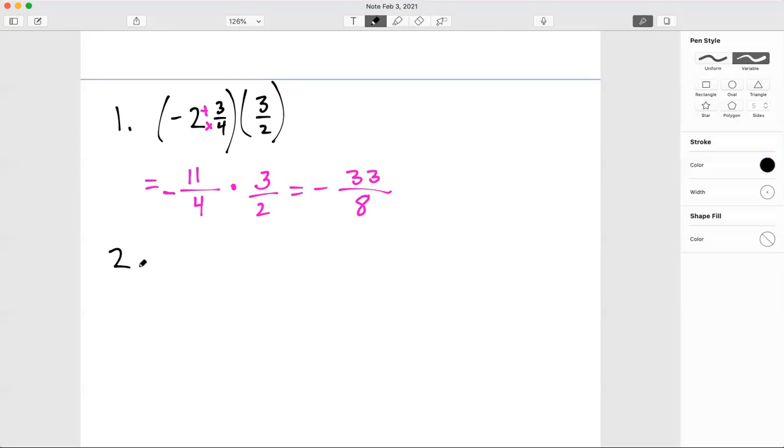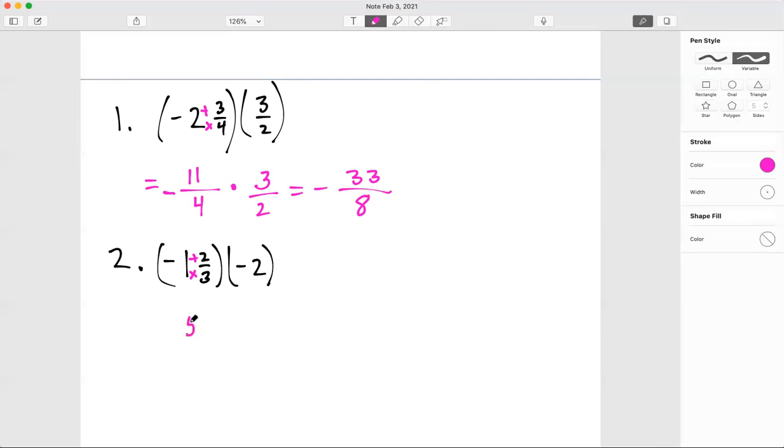Let's do this one: -1 2/3 times -2. Because this has a mixed number, again, we're going to have to rewrite it. 3 times 1 plus 2, in that order. 3 times 1 is 3, plus 2 is 5.